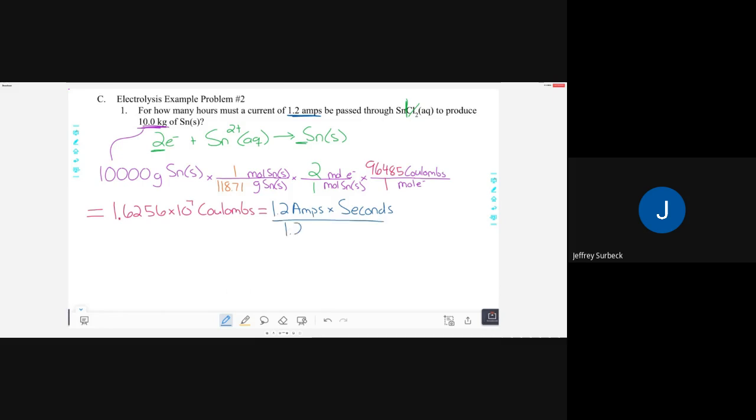Divide by 1.2 amps. And when I do that, I'm still going to get a pretty large number. I get 1.355 times 10 to the 7th power seconds.